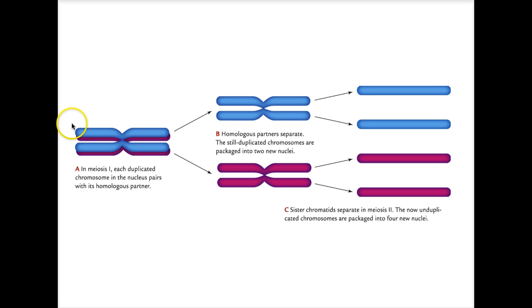So let me clarify. This whole thing is a chromosome. This is a chromatid, and this is a sister chromatid. So the sister chromatids are held together in the middle by a centromere, and they are identical to each other, each one being made up of one double-stranded DNA.